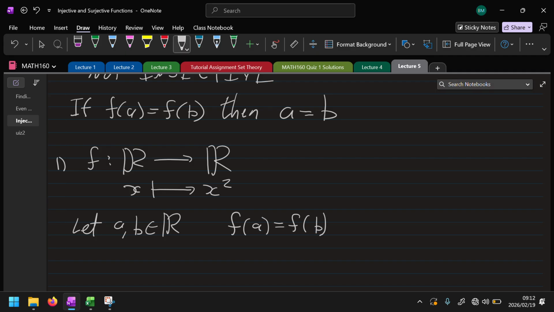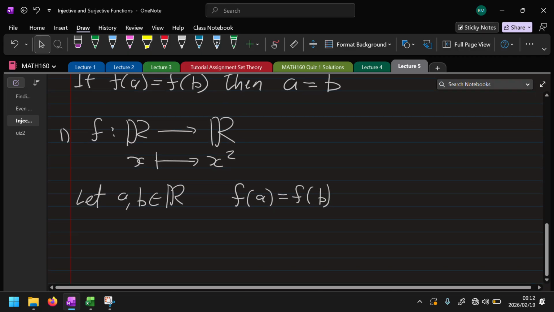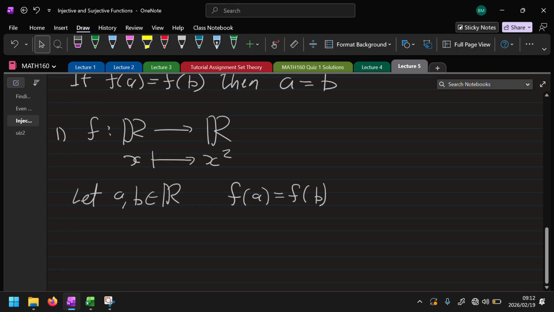What we want to show is this part here does not give us a equals b, because it's not injective. This cannot be true. Okay, so f of a will be a squared. F of b, that will be b squared.